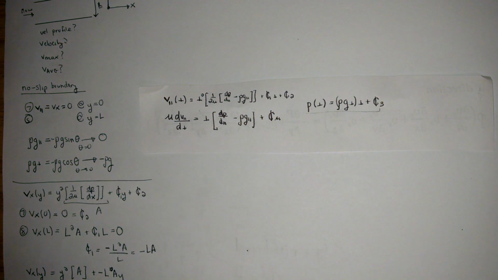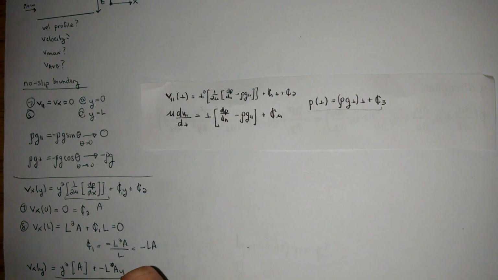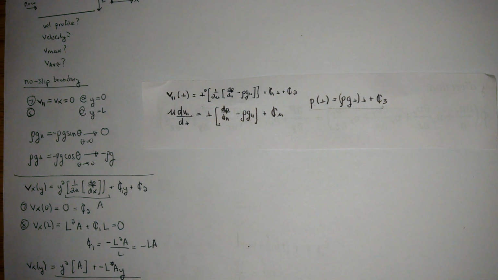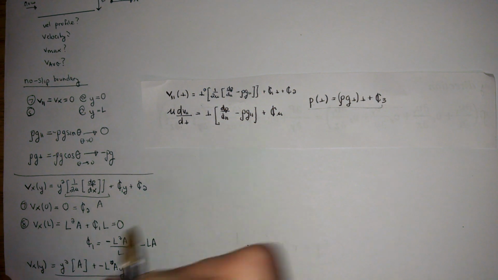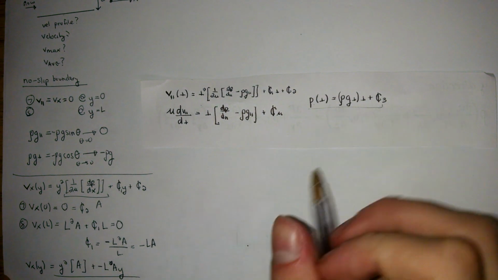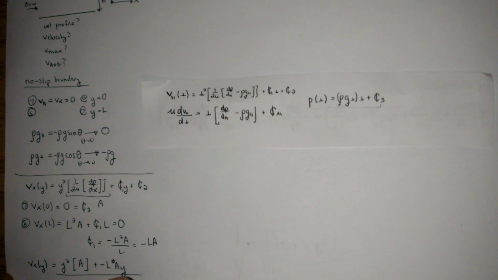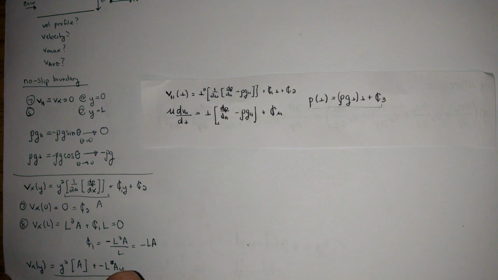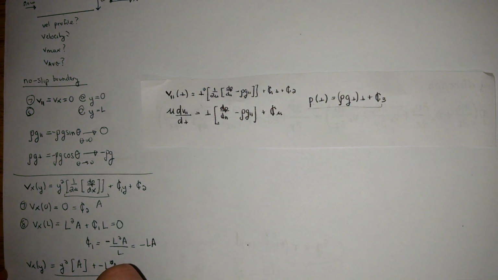So we know this form is simply, I guess, parabolic with a negative term that's linear. Okay. And just in case you cared about our pressure in the y direction, we see that it's going to be negative rho g times this, rho gy.